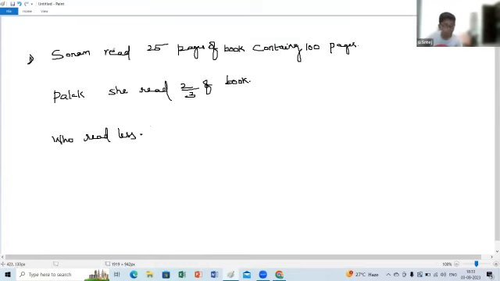Sonam read 25 pages of a book containing 100 pages, whereas in the same book Palak read 2/3. Who read less? I got answers from 5 students. Let me check who's correct. First correct answer, second correct answer. Okay, I got 7 answers.